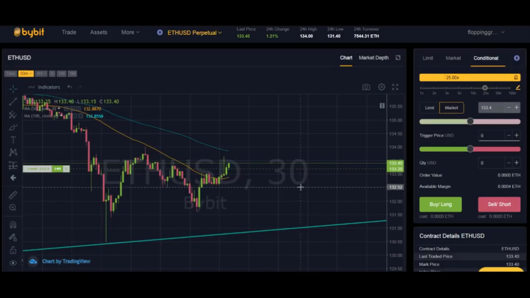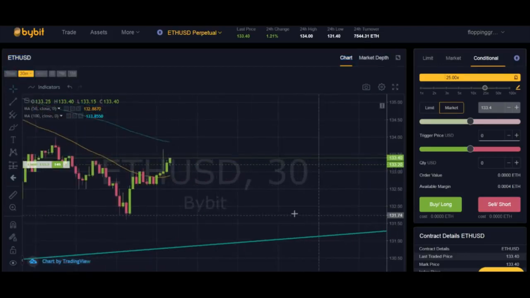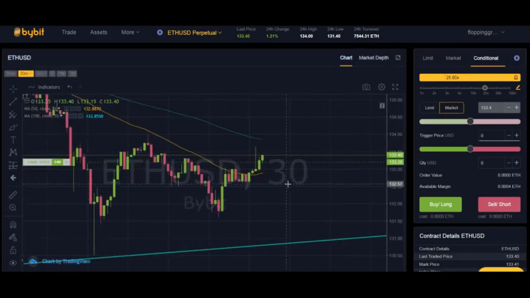Let's say you want to pick a previous point of relevance. I'd say this range right here was a good point where, if it were to fall, it could potentially bounce off that point and go back up again. So let's go a little bit below that. We're gonna go to 132.4.